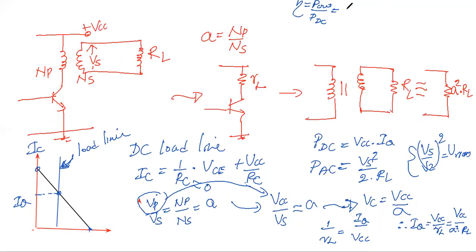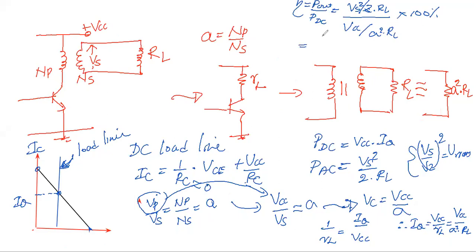When I substitute values here, Vs squared divided by 2 times RL, divided by VCC into IQ.